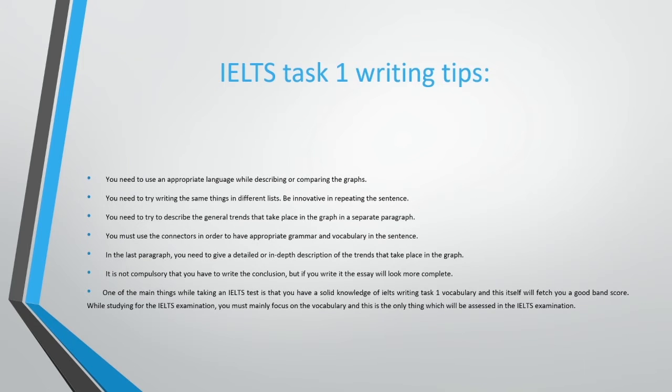IELTS writing task tips. You need to use appropriate language while describing or comparing the graphs. You need to try writing the same thing in different ways. Be innovative in preparing the sentences.